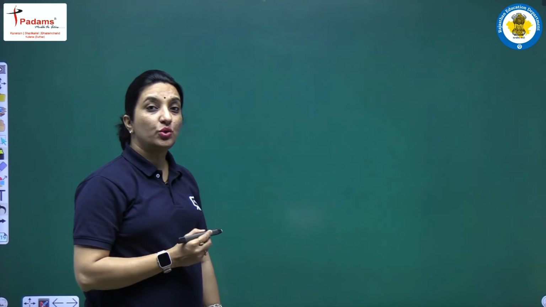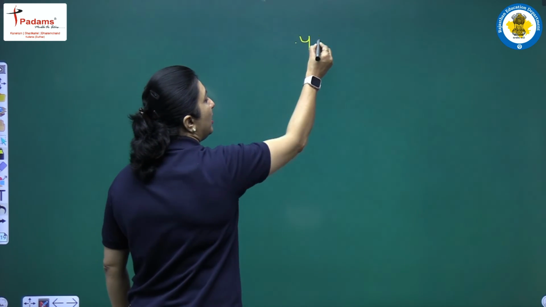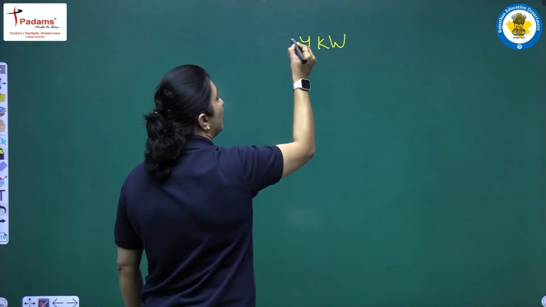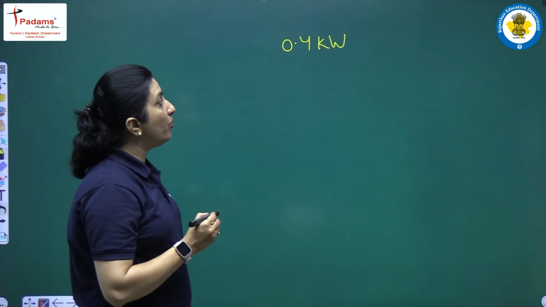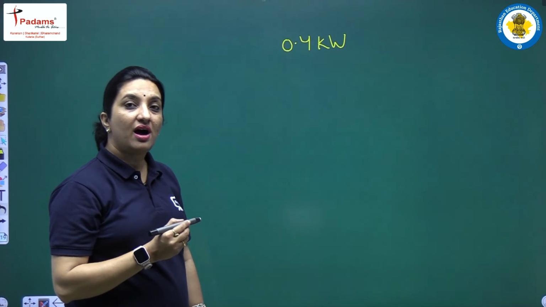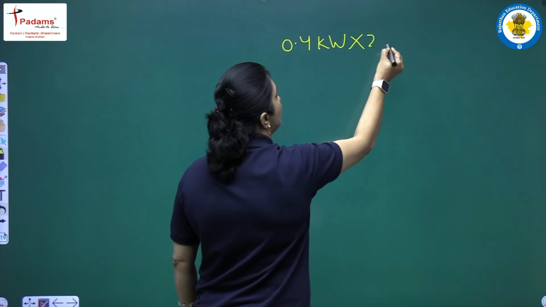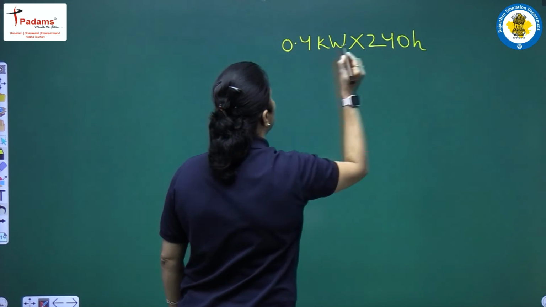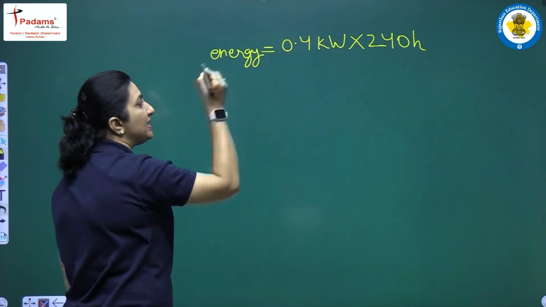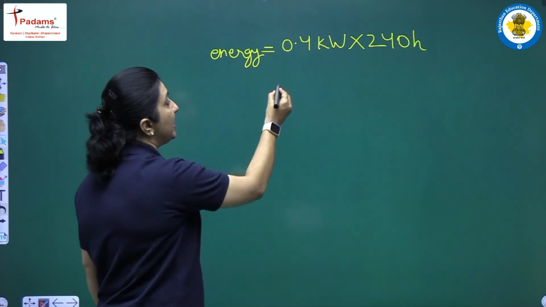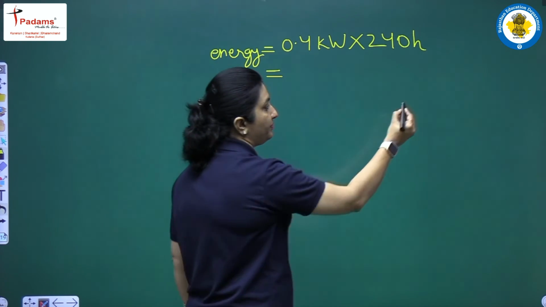Now the energy consumed by the refrigerator is the power, 0.4 kilowatts, multiplied by the hours used, 240 hours. So this is basically the energy which is consumed by the electric refrigerator. Now I'll multiply this 240 by 0.4.